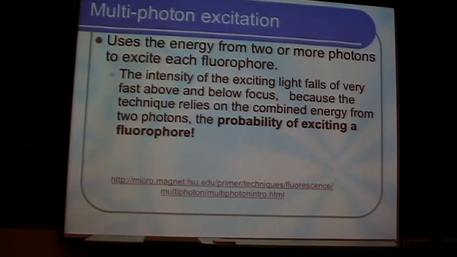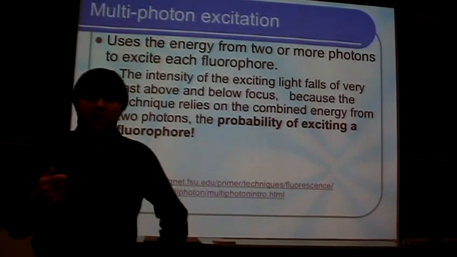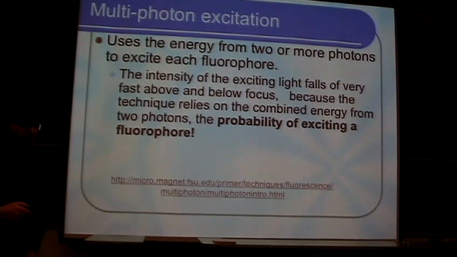So the intensity of the exciting light falls very fast above and below the focus, and this allows you to achieve the three-dimensional resolution without actually using a pinhole that was absolutely necessary in the case of conventional confocal microscopy.